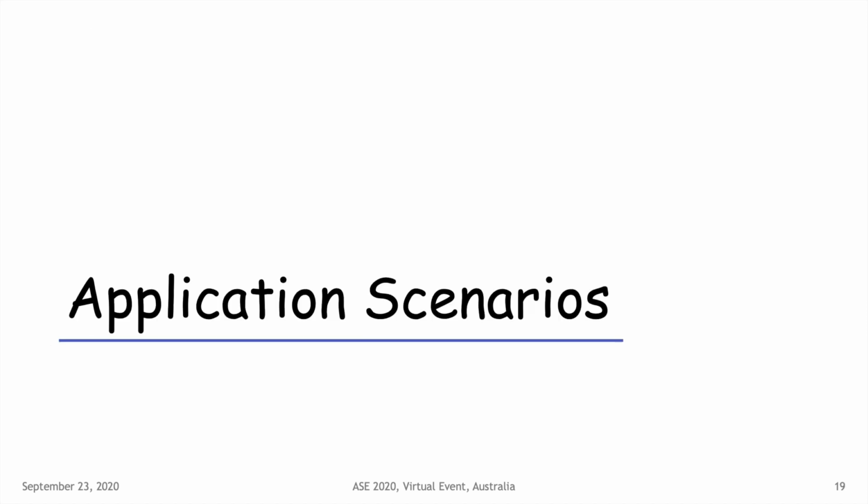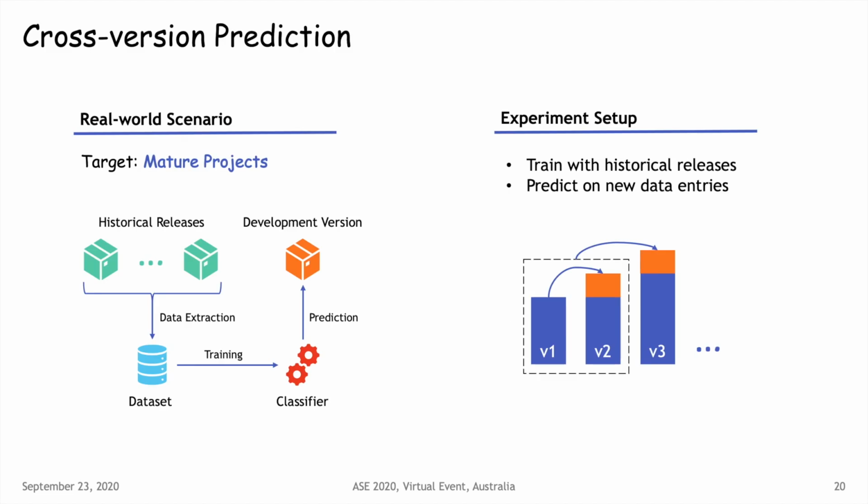In addition to comparing with baselines, we also evaluated MockSniffer in two potential application scenarios. First, for mature projects, there are lots of historical versions. As such, we can extract data from the historical versions for training and recommend mocking decisions on the development version.